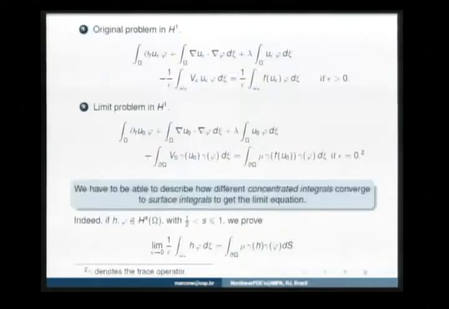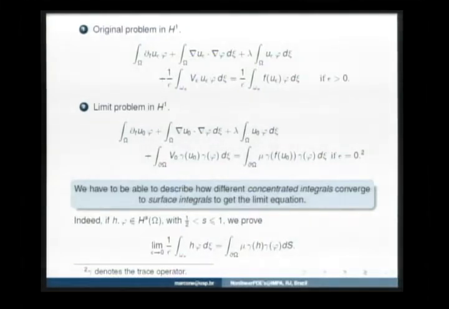Okay. So if you see the variational formulation of the problem, it's easy to understand what we have to do, okay? Here is the original problem, and we have these concentrated integrals in the problem. So we have to be able to pass the limit in these terms.